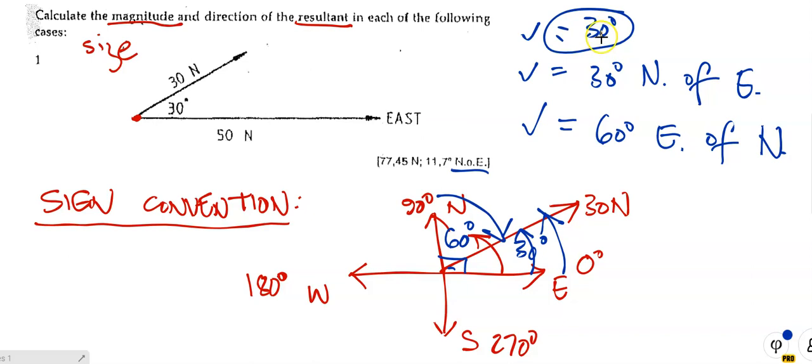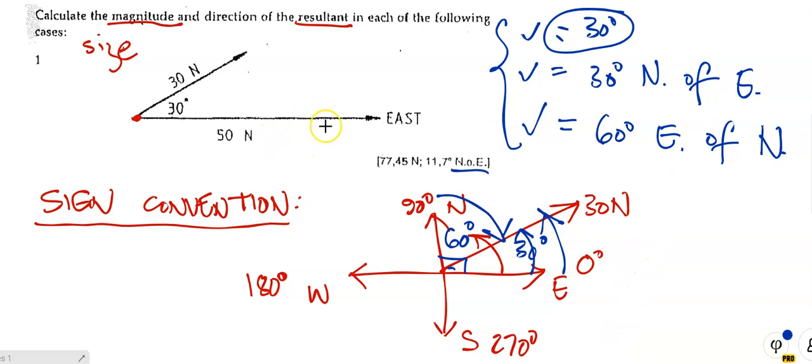So if it's 31 degrees, it's going to be wrong. If you say it's 30 degrees east of north, it's going to be wrong. If you say 60 degrees north of east, it's going to be wrong. You need to learn it, you need to get it right. So all these answers here are the same correct answer for the same thing.